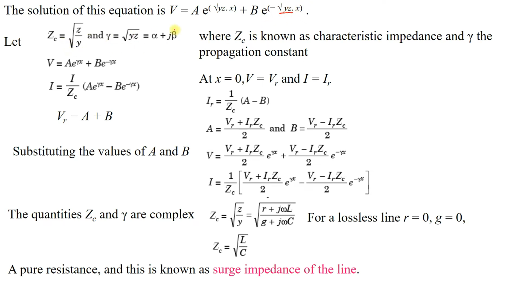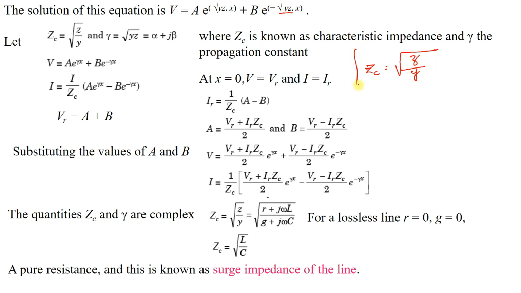Now we define Zc, the characteristic impedance, as Zc equal to root of Z by Y. Here Z is the impedance per unit length and Y is the admittance per unit length. So 1 by Y has the unit of impedance, and Z into 1 by Y, that is Z by Y, will have the unit of impedance.